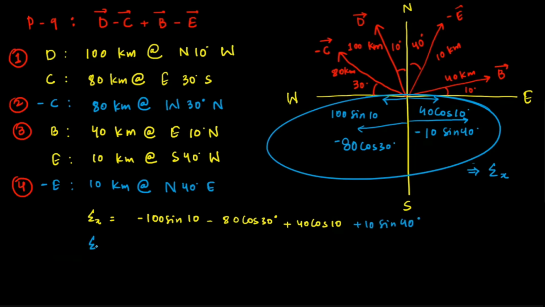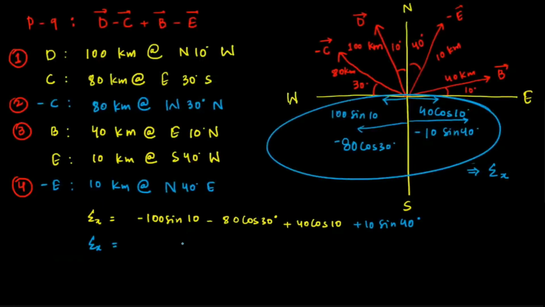We'll substitute the values of each and we'll get the summation along x-axis. I'm writing the answer directly: it is approximately negative 40.8 kilometers. That's it.